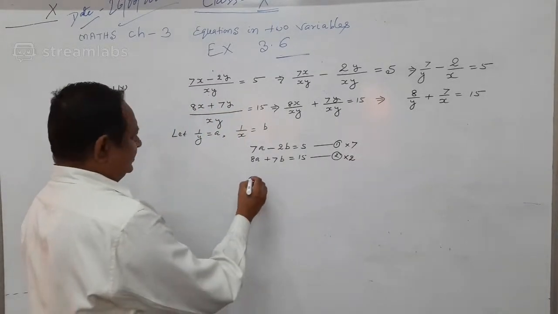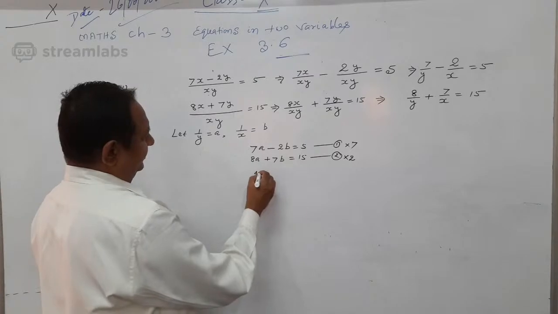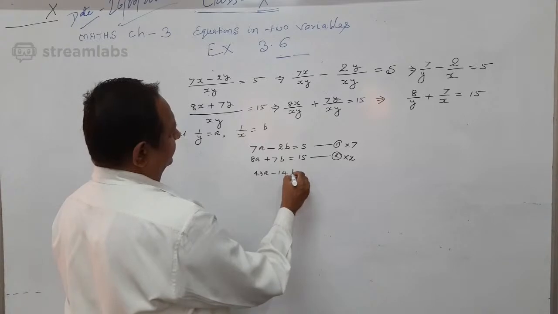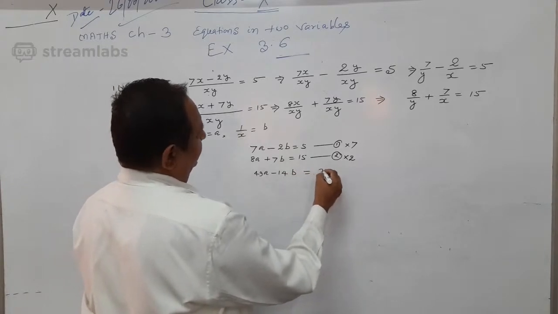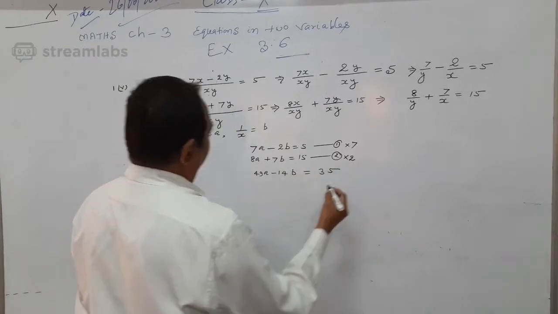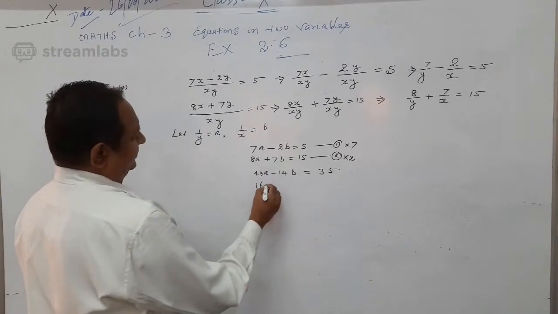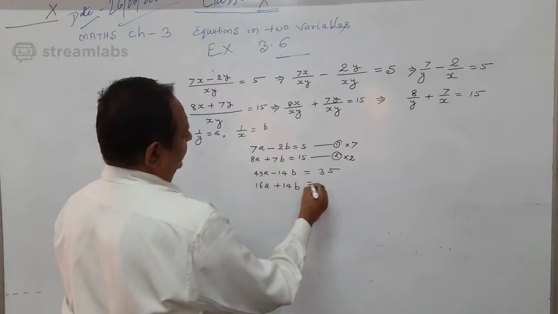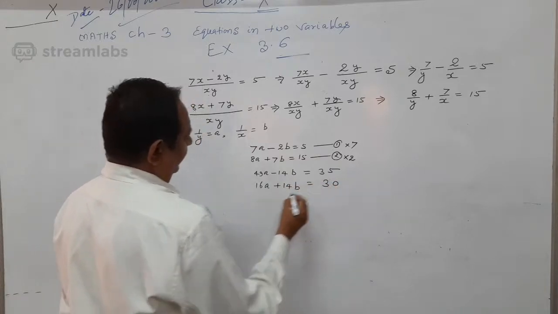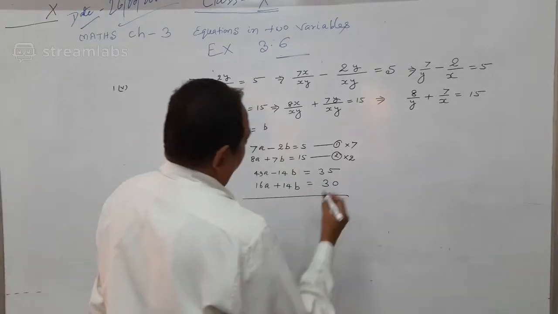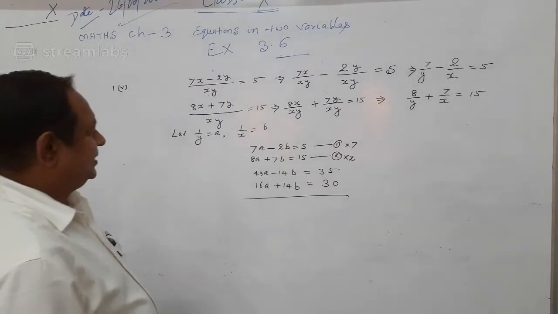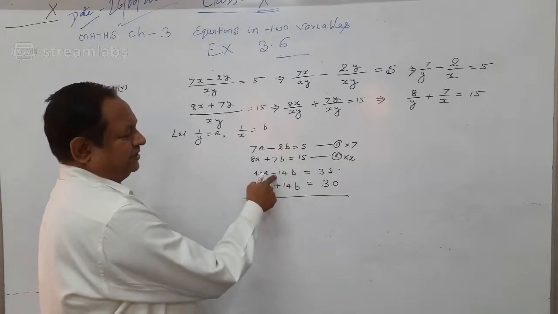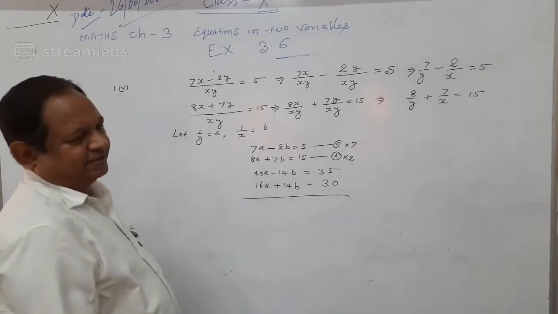So the given equations change to 49a minus 14b is equal to 35, and 16a plus 14b is equal to 30. Now the coefficients of b are equal, one is minus, other is plus.